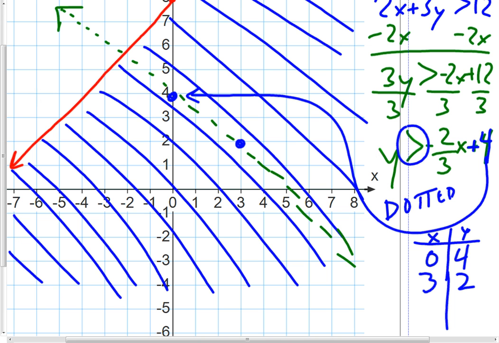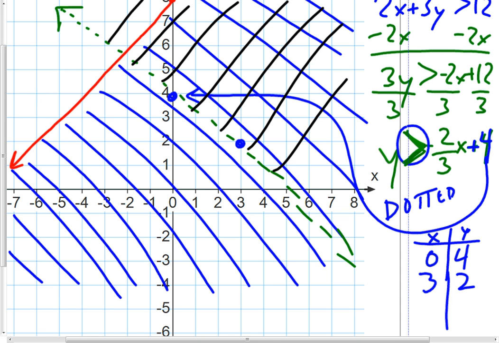Do I shade up or down with this type of symbol? Up. It's greater than. Where do they overlap? What part of the graph?